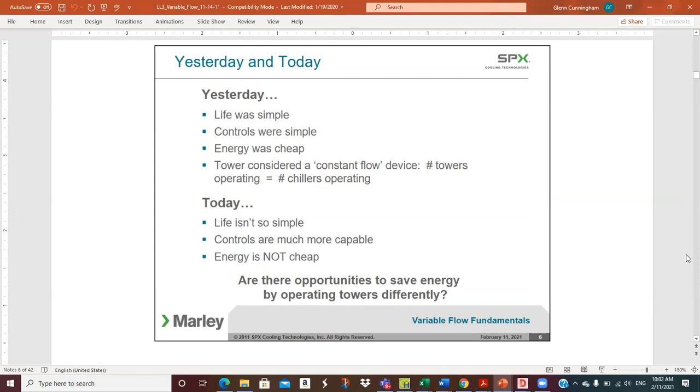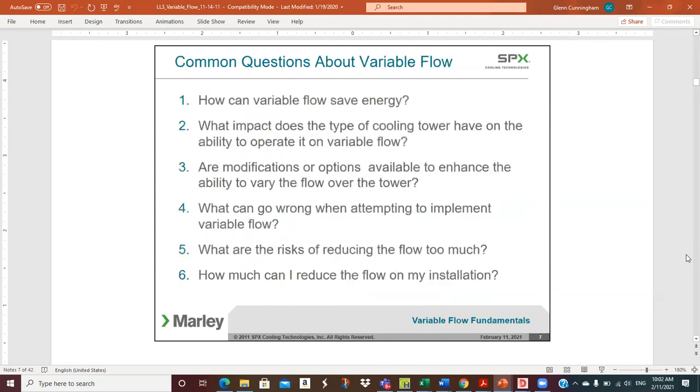So what are the opportunities here for operating towers differently? Well, how can variable flow save energy? What impact does the type of tower control have on the ability to operate it on variable flow? Are modifications or options available to enhance the ability to vary flow over a tower?